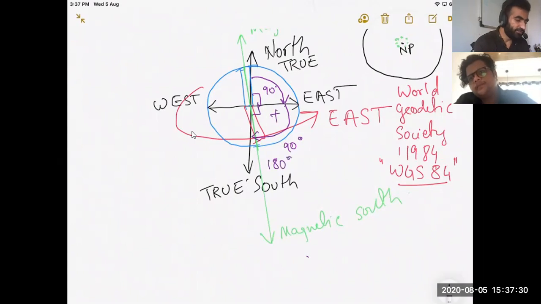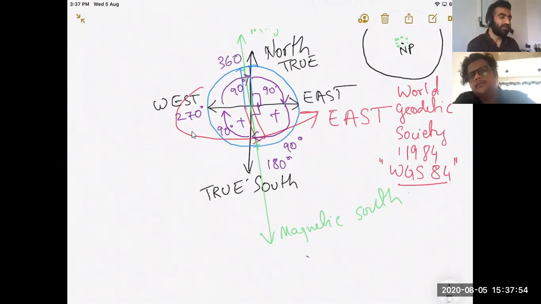From 180 degrees, if I travel more, I reach west, which is 270 degrees. And from west, if I go back to north, again I travel 90 degrees, and 270 plus 90 gives me 360 degrees. So starting from north, when I come back to north, I travel a total of 360 degrees like a circle.